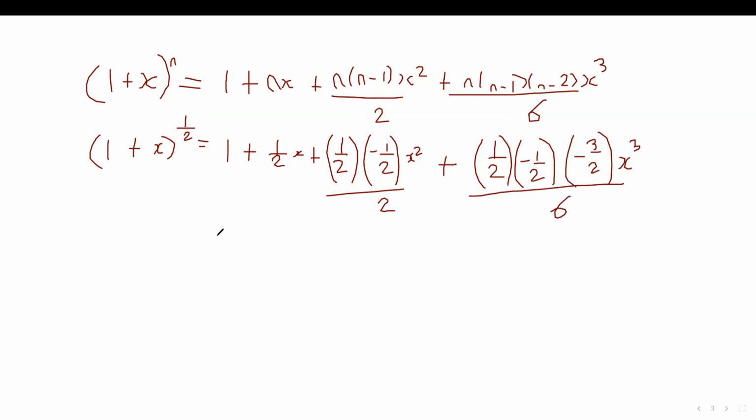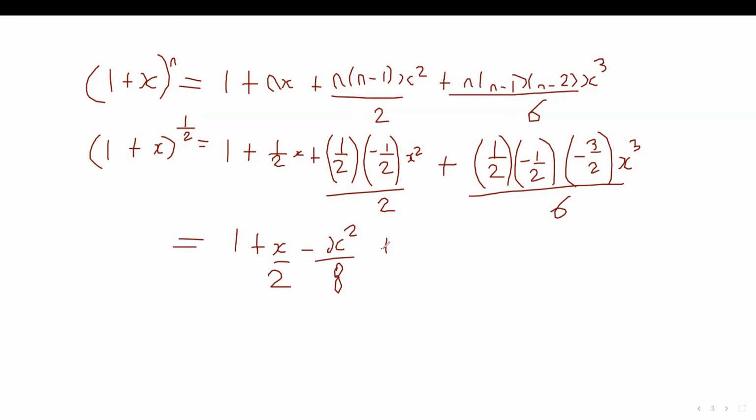Yes. So now, Marika, this is just easy math to simplify. This is going to be 1 plus x over 2. Now, 1 times minus 1 is minus 1. 2 times 2 is 4 times 2 is 8. So that's minus x squared over 8. And then the part here, we have minus 1 times minus 3 is 3. Then 2 times 2 is 4, 4 times 2 is 8, 8 times 6 is 48.